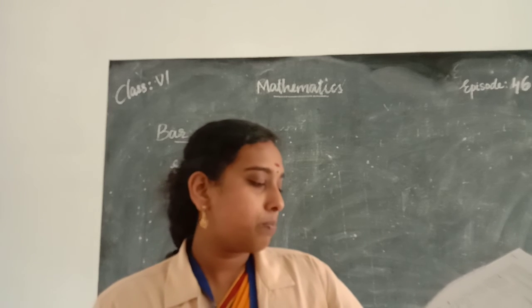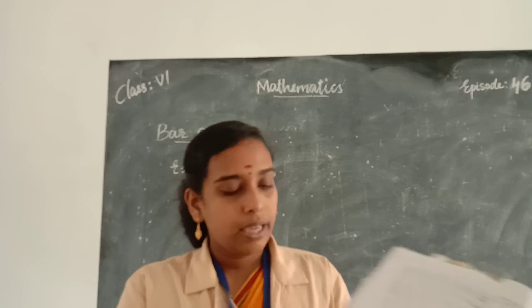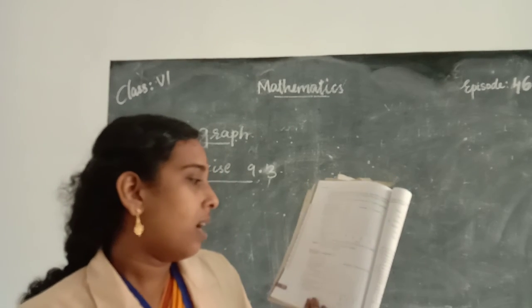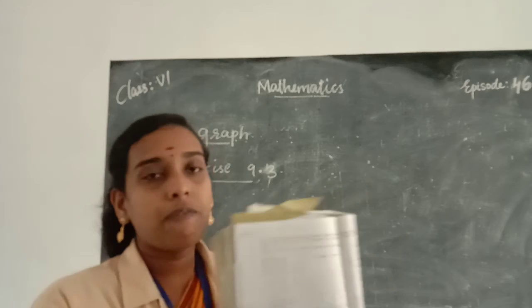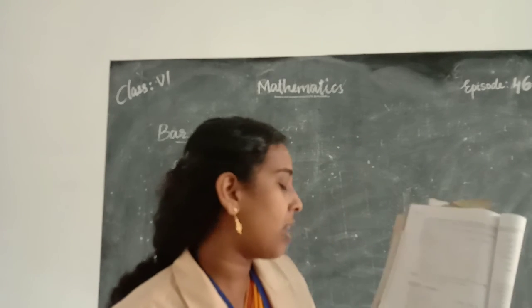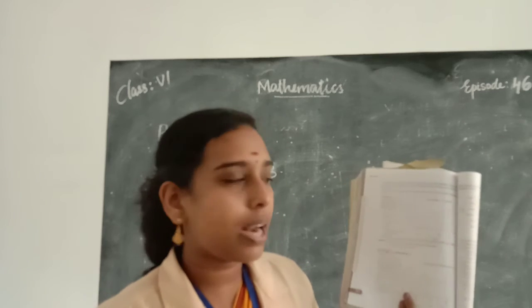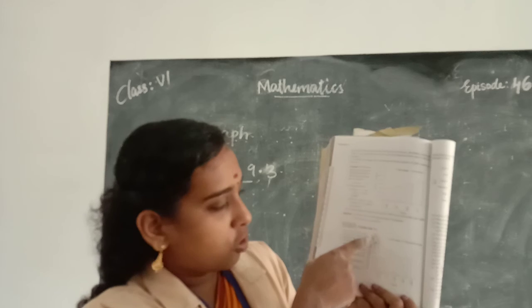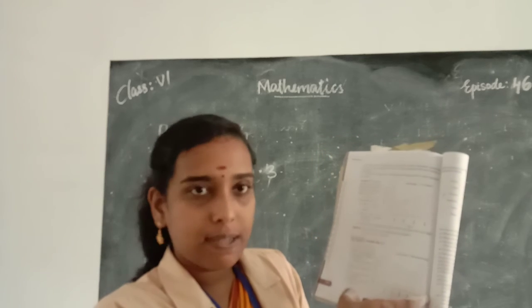Here the bar graph is given in your textbook. So all of you take your textbook, take page number 198 and look at the bar graph. Draw a vertical line and a horizontal line.